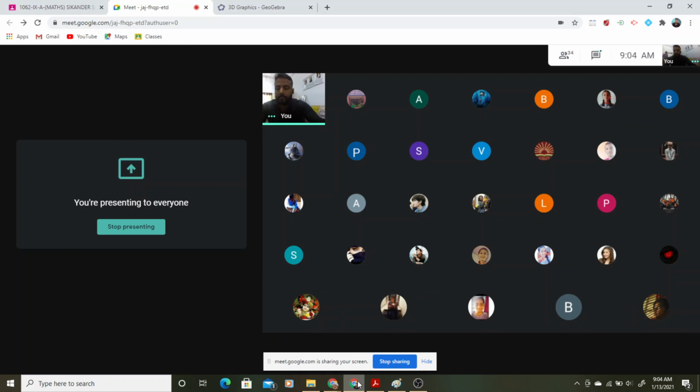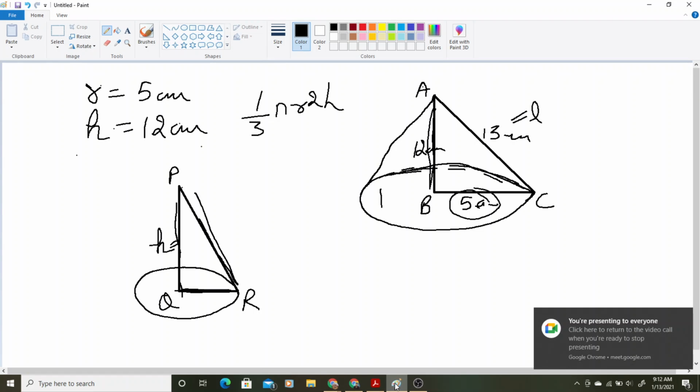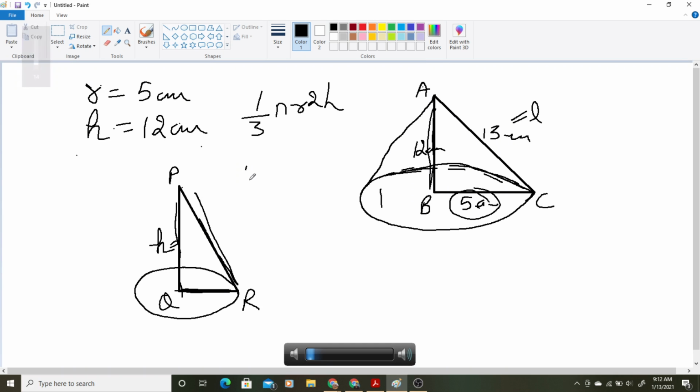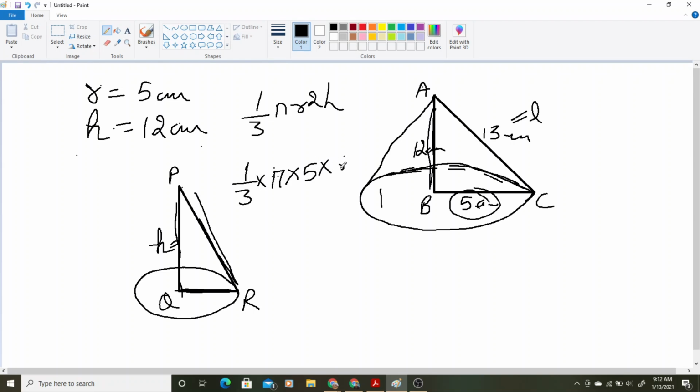It is 1/3 times π times r², where r² is 5 times 5, multiplied with 12. 3 ones are 3, 3 fours are 12, 5 fives are 25, 25 fours are 100π. So the answer is correct: 100π centimeter cube.